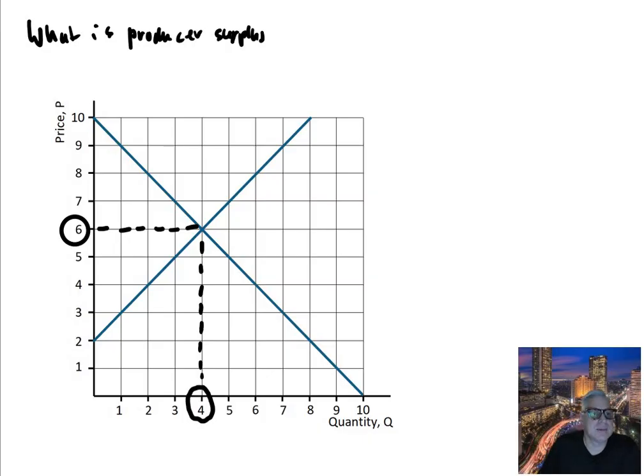And now when it comes to producer surplus, what we have is essentially a lineup of producers. So the supply function is a lineup of producers according to their willingness to sell.